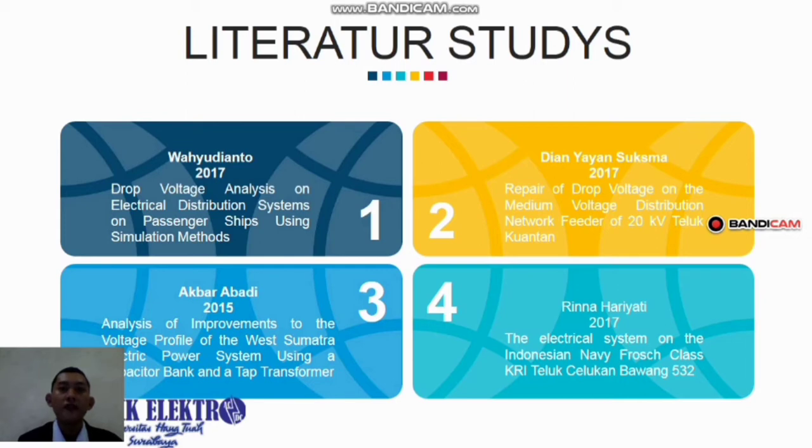The purpose of this study was to analyze the drop voltage and the method of repairing the drop voltage. For the development of my research, it is almost the same as this research, but my research is carried out on a warship.